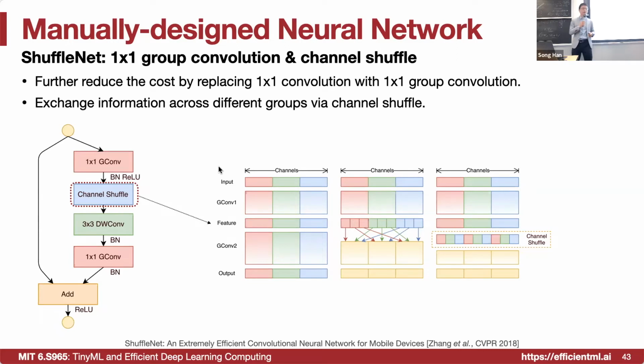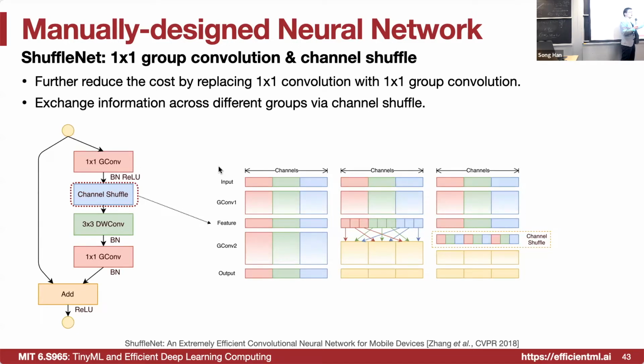Is that a good phenomenon? Of course not. We want to make sure we have a bigger scope, right? We want to have the information across all the channels. So how do we do that? We can introduce this channel shuffle operation, where 1/3 of the first group comes from group 1, 1/3 comes from group 2, and the last third comes from group 3.